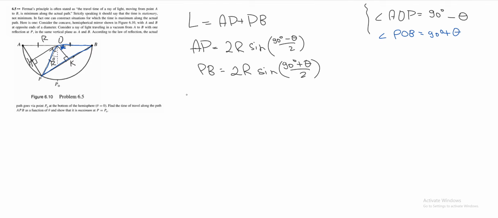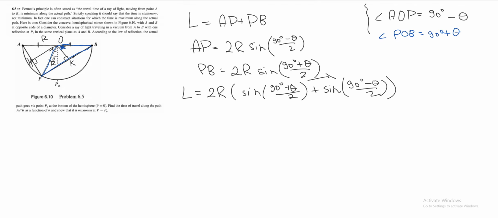Okay, great. So the formula for L becomes 2r times the sum of sine of (90 degrees plus theta) divided by 2 plus sine of (90 degrees minus theta) divided by 2. I just reversed the order, but there's no difference. Okay, so you may think of taking a derivative of this entire thing, right?